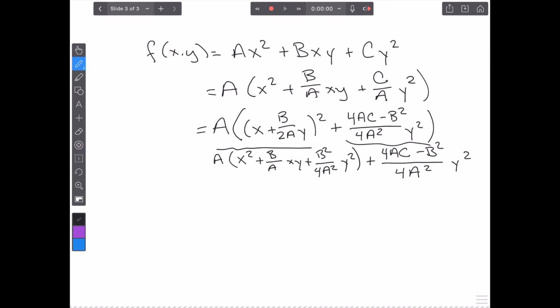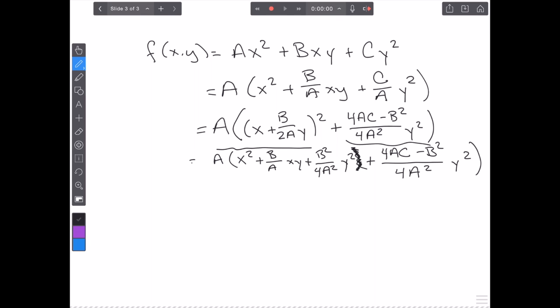Right, so you can see that, and one thing I just want to quickly point out is that the parentheses go out here, not in here. So a multiplies through this entire equation.